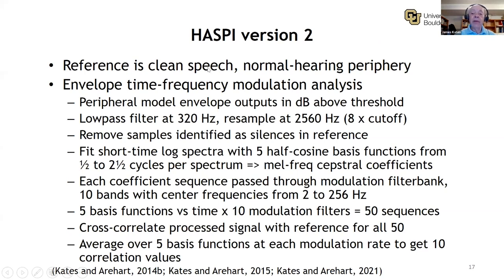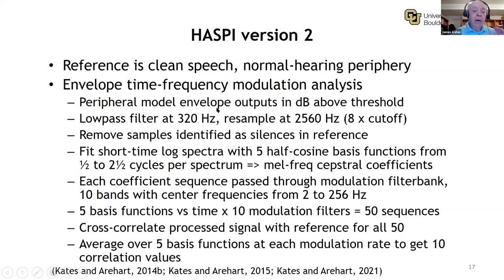So we are comparing, say, the output of a hearing aid to a reference signal. For intelligibility, our gold standard is the way the normal hearing periphery would process that speech signal. So our reference is clean speech going through a normal hearing periphery, whereas the processed signal is, say, the output of a hearing aid as perceived by someone with an impaired periphery.